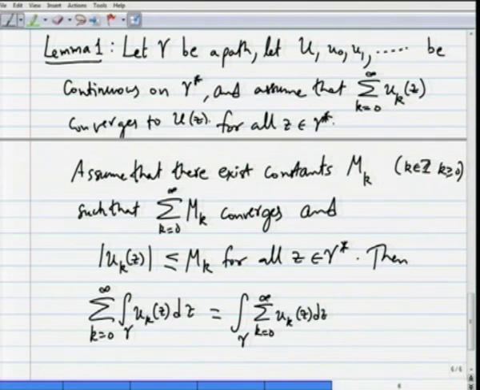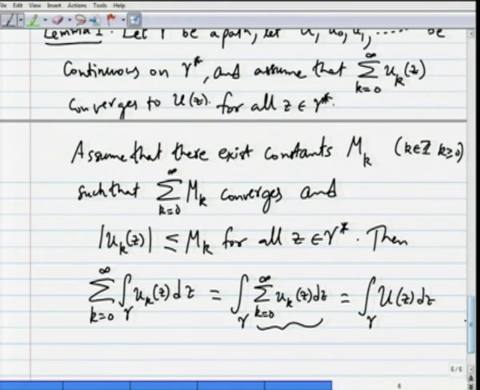So, we can exchange the integration and the summation. This is equal to the integral over gamma of u(z) dz, by definition of the summation. Since the summation converges to u(z), I am just replacing the summation by capital U(z).